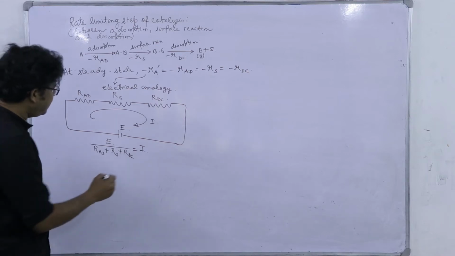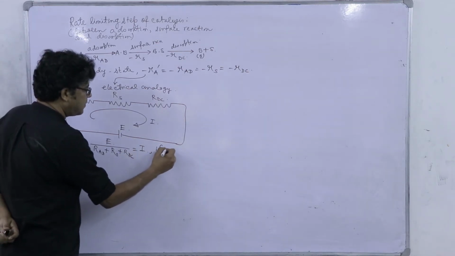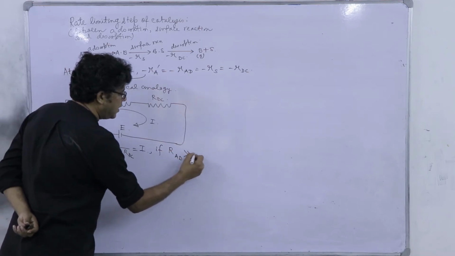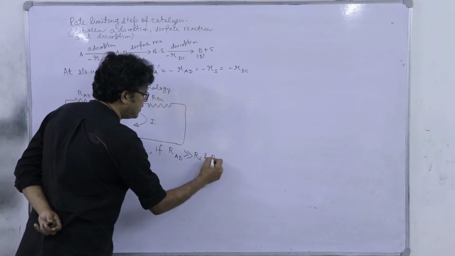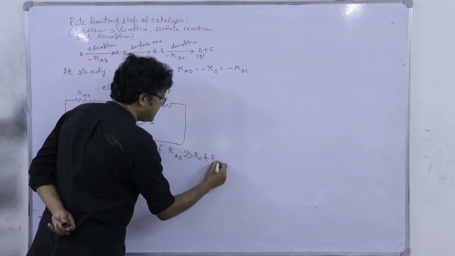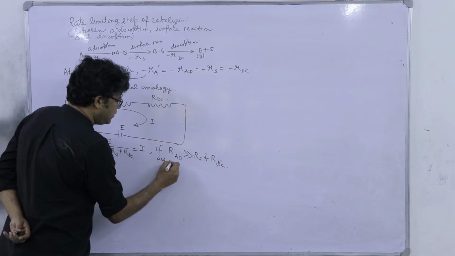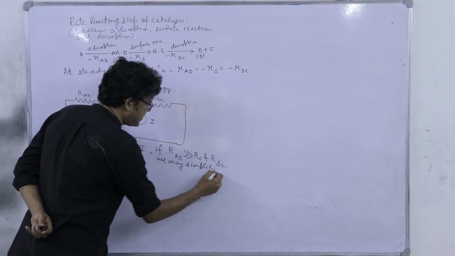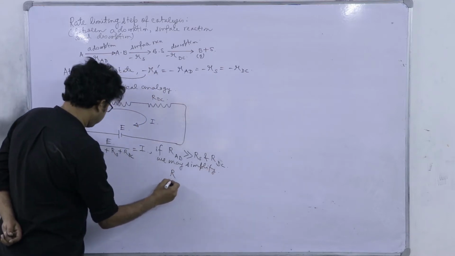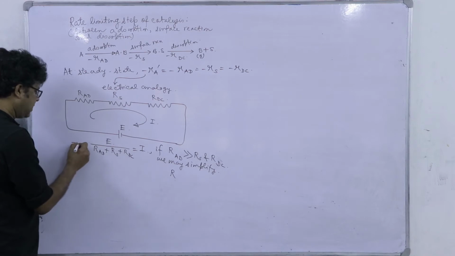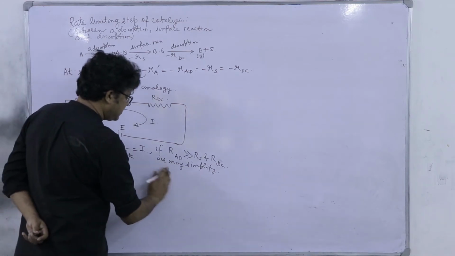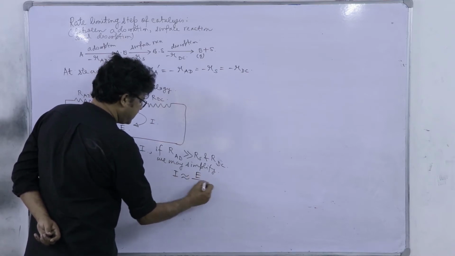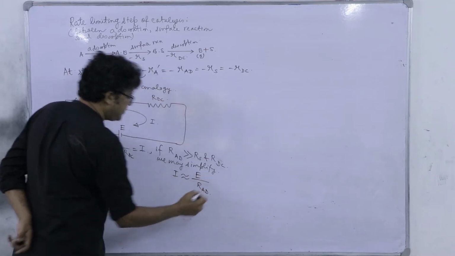So, what happens if RAD is much larger than RS and RDC? We may simplify this overall rate, or this I, to be nearly equal to E divided by RAD, right.